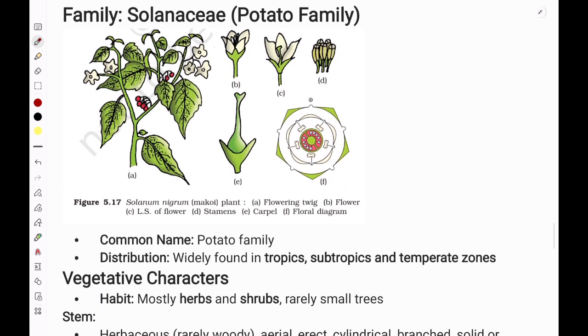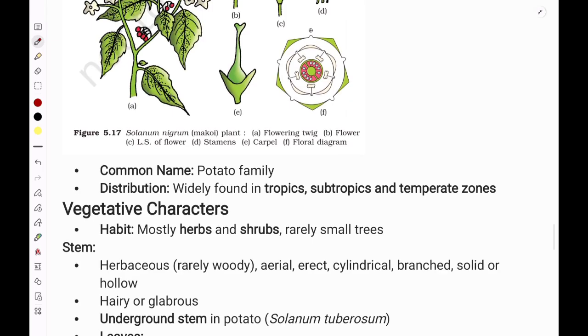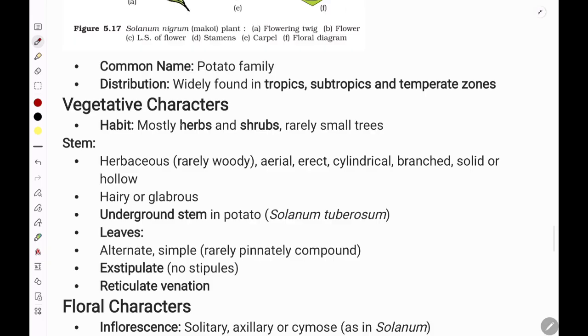Now we will discuss another example of the floral formula, which is from the Solanaceae family, also commonly known as the potato family. They are widely distributed in tropical, subtropical and temperate regions. For the vegetative characters, it is an herb or shrub, rarely a small tree. They are herbaceous, which means they do not have wood.